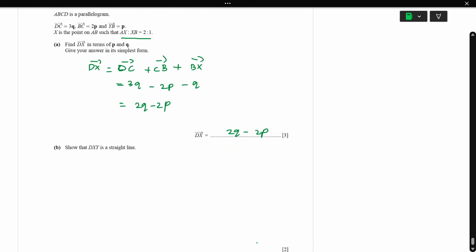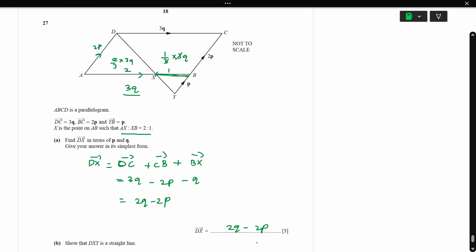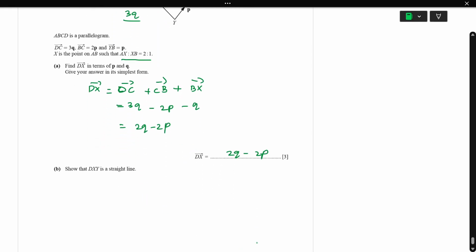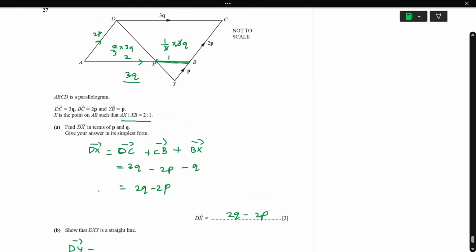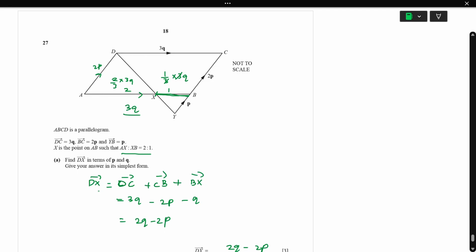Next, to show that DXY is a straight line. First we need to find DX, which we already found, so we need to find DY. DY equals DC plus CY.